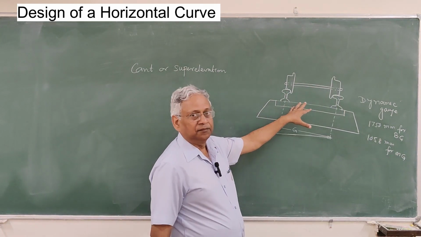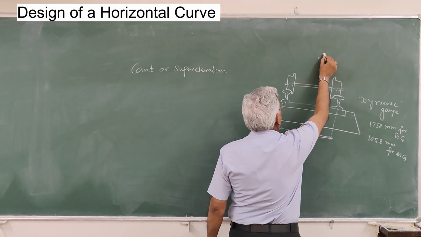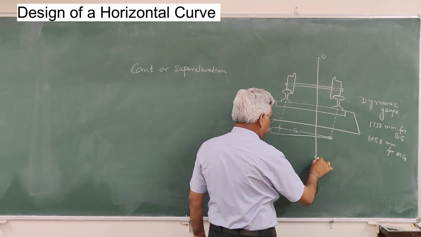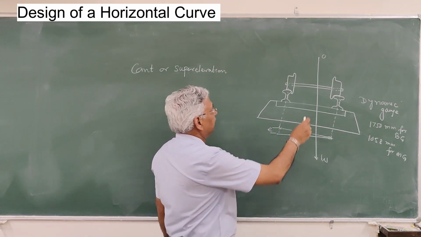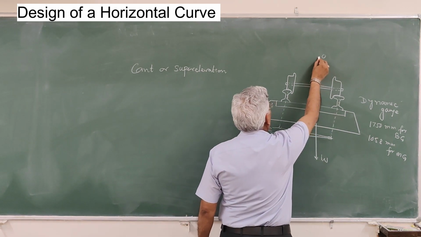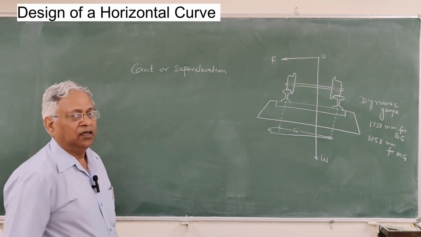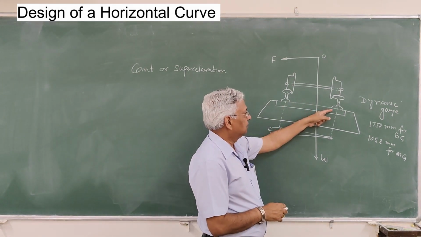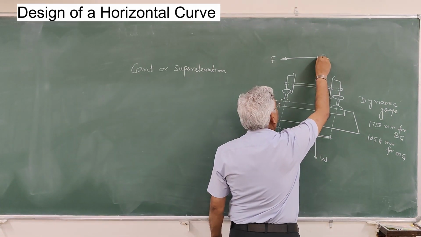Now in this position, let us say here is the center of gravity of the railway vehicle at O. So the weight of the train will act vertically downward, let us say W, and centrifugal force will be horizontal, let us say F. Now if you divide these two forces parallel to the track and perpendicular to the track, then these forces will be like this.